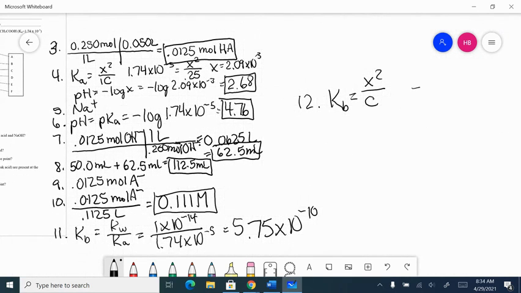And then negative log of x gives me the concentration of OH minus. So KB is 5.75 times 10 to the minus 10 equals x squared over the concentration, which is 0.111.